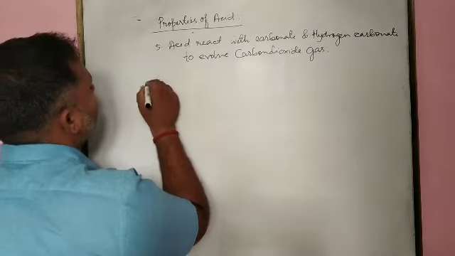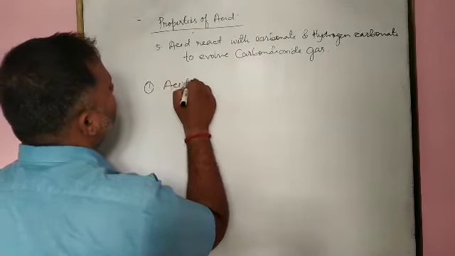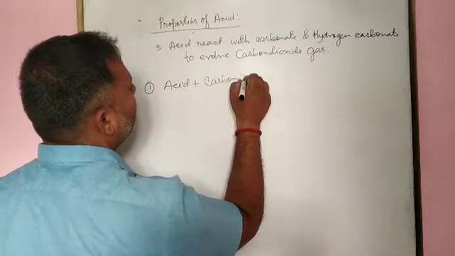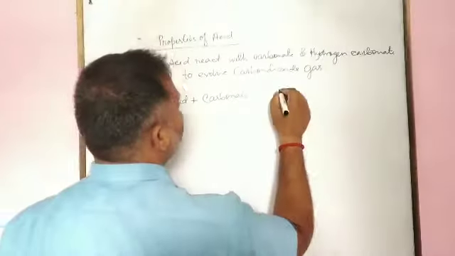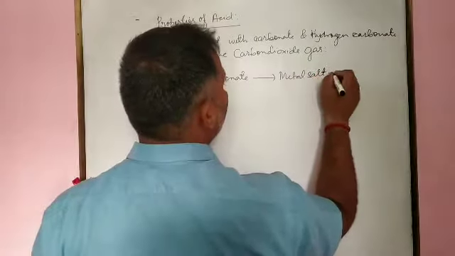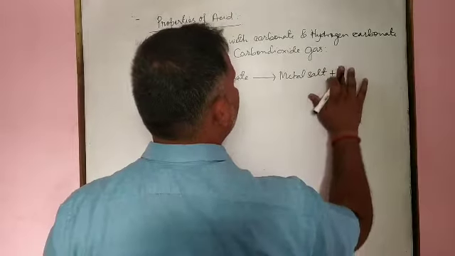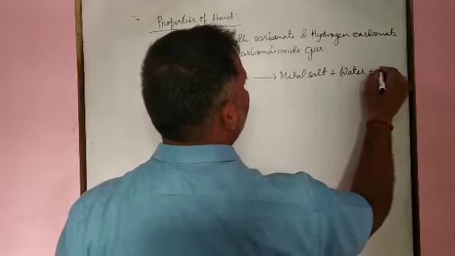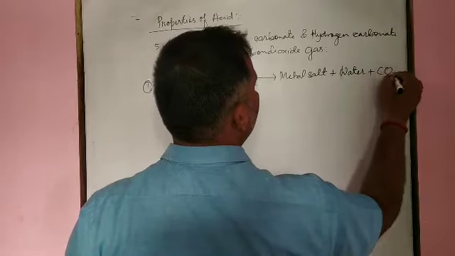The first one, when acid reacts with carbonate, then it gives metal salt plus water plus carbon dioxide.